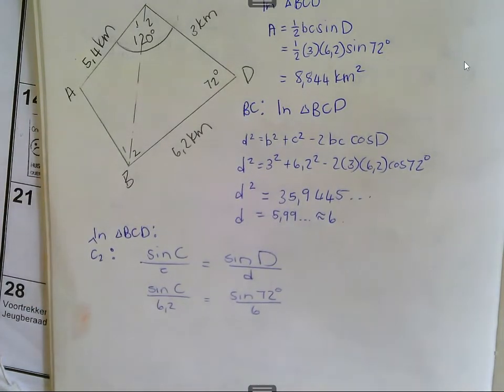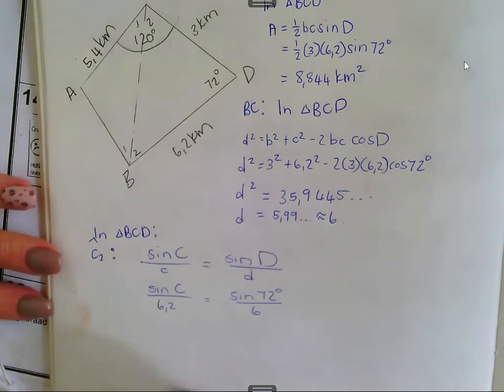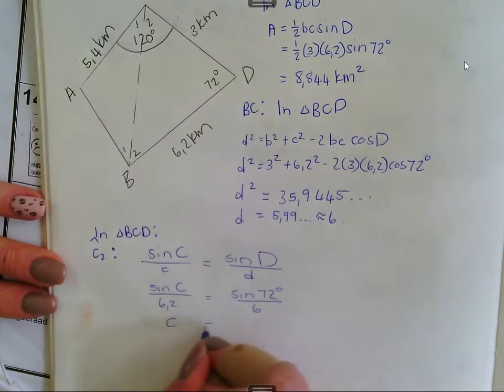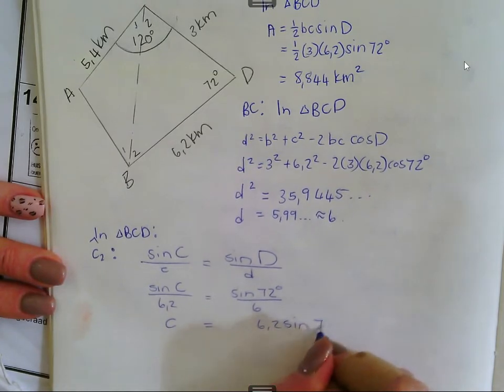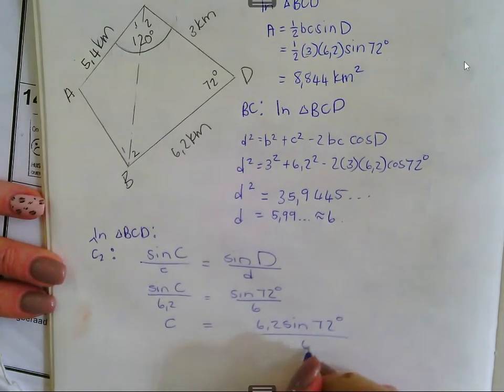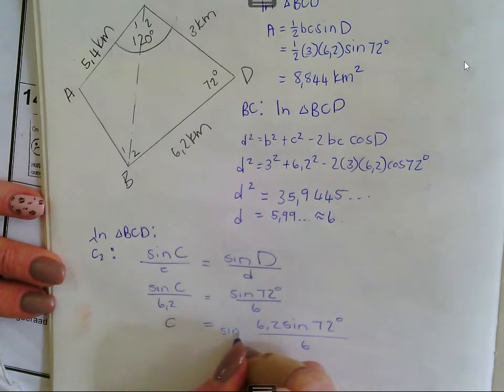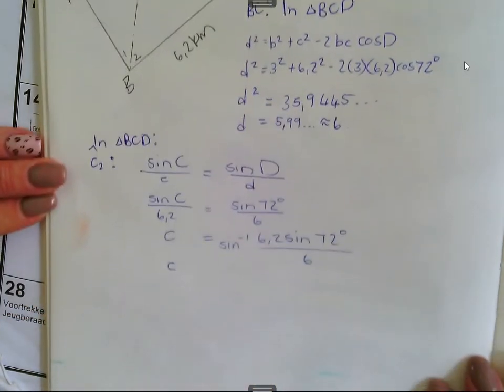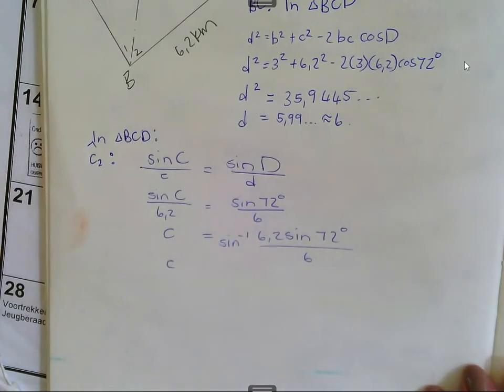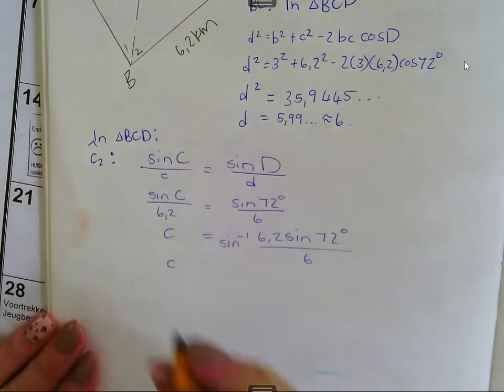Are you all with me? So to get C alone, I'm going to say 6,2 sin 72 degrees divided by 6, and I have shift sin on this side. You type that in your calculator, and then you find C to be equal to 79.